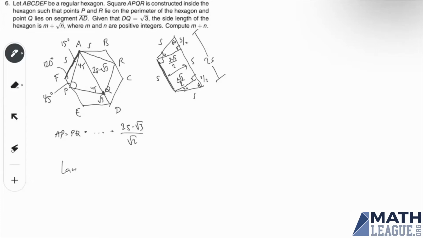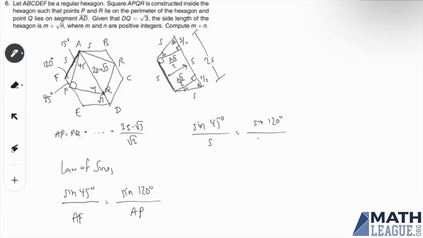And so for the law of sines, we see that sine of 45 degrees over AF equals sine of 120 degrees over AP. And so we kind of solve, plug in those values and find S. We get AF is going to be S, and AP is going to be 2S minus root 3 over root 2.